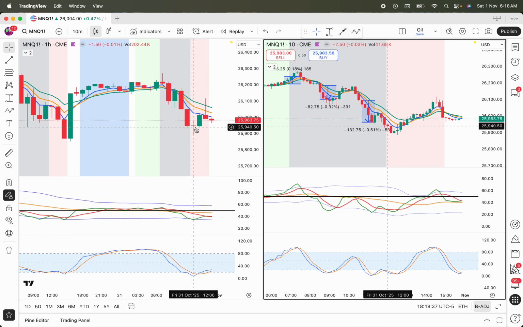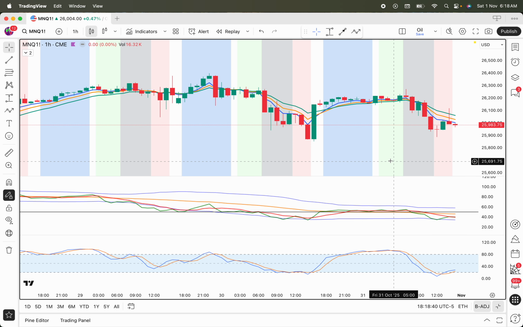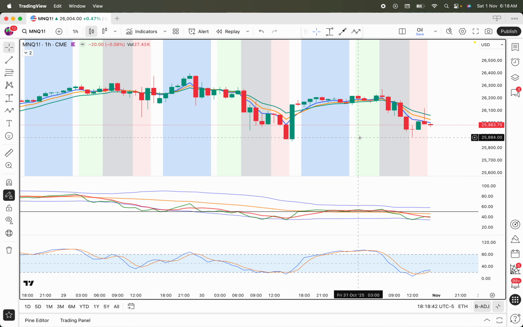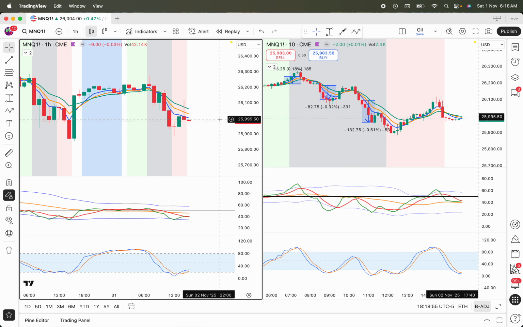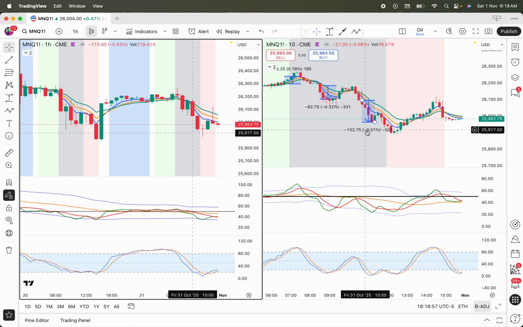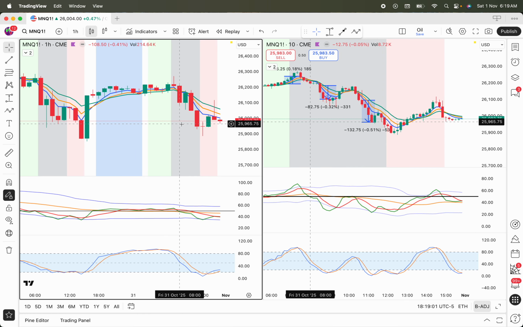So that's up to you, how you determine you want to do it. So this is a 1 hour chart, and there would have been some signals in here, but I actually find, I don't know, for some reason the shorter time frames seem to work a little bit better with the strategy than the longer time frames.